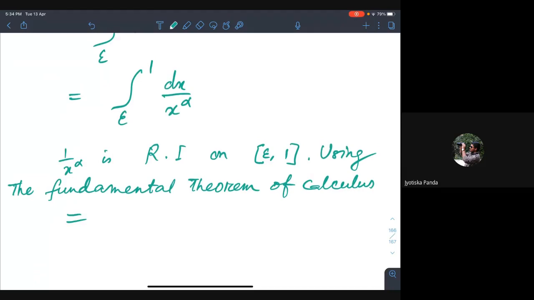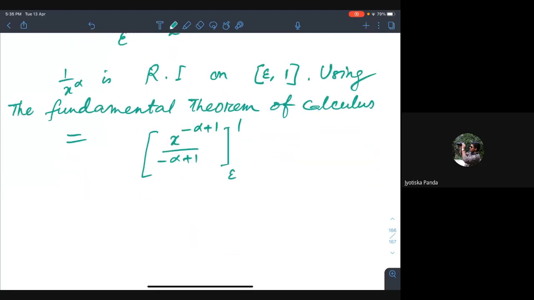What would it be? x to the power minus alpha plus 1 by minus alpha plus 1, evaluated from epsilon to 1, which is 1 by 1 minus alpha minus epsilon to the power 1 minus alpha by 1 minus alpha.